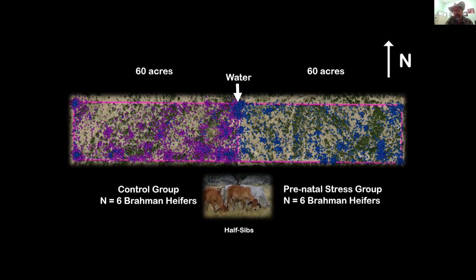If you look at the concentration of the dots on the blue side, the treated animals, and how they are distributed around that pasture, and especially relative to water, versus the purple dots and how they are concentrated, distributed across the pasture, yes, but concentrated closer to water, there was a very distinct difference between the prenatally stressed animals and the non-stressed animals.